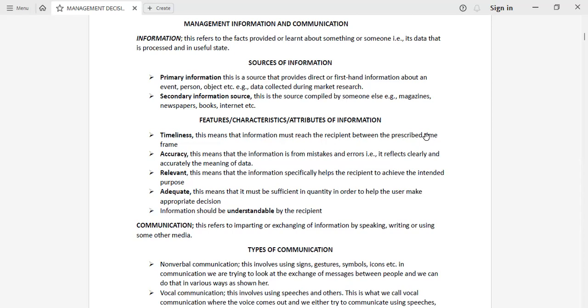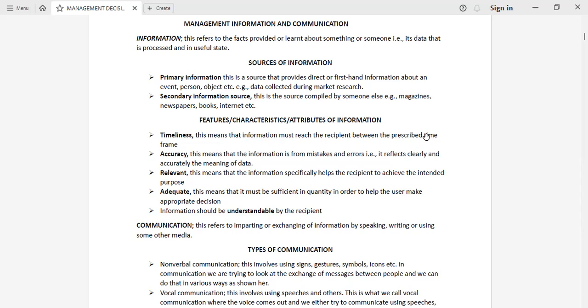For example, we may look at the data collected during market research. If we go in the field, or if you are doing market surveys, the information we gather is what we call the primary source. Then we also have the secondary information source.